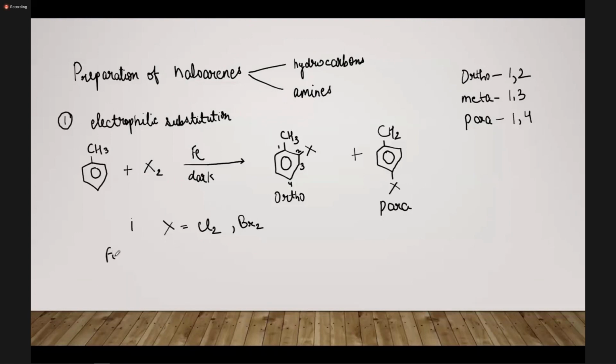So for X equals iodine, we need to use strong oxidizing agents. Otherwise, the reaction will be reversible and we will not be able to get any product, or you can say a very low yield of product.